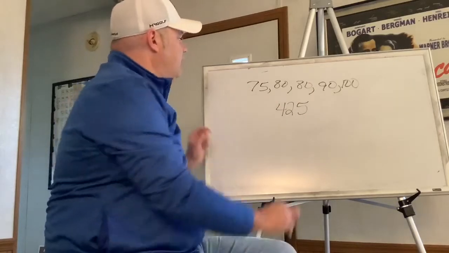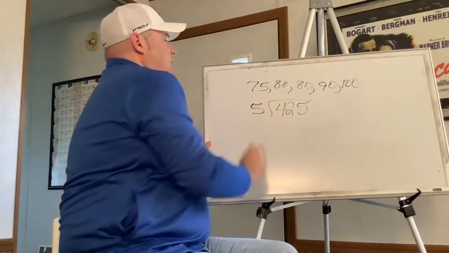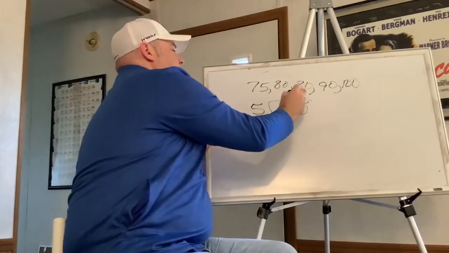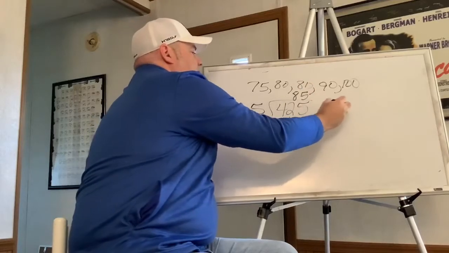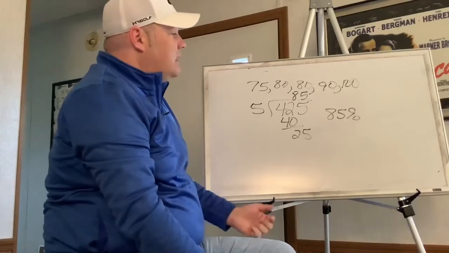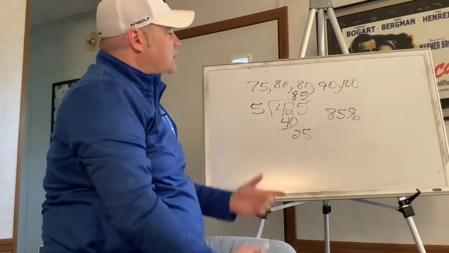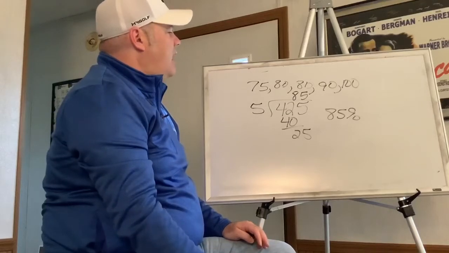Okay, so 425 divided by, and there's 1, 2, 3, 4, 5 test scores. So you just divide now, and you get an 85% again. Okay, that is the average for that test score. Now, for these test scores, you can find the middle if you're doing something like that.